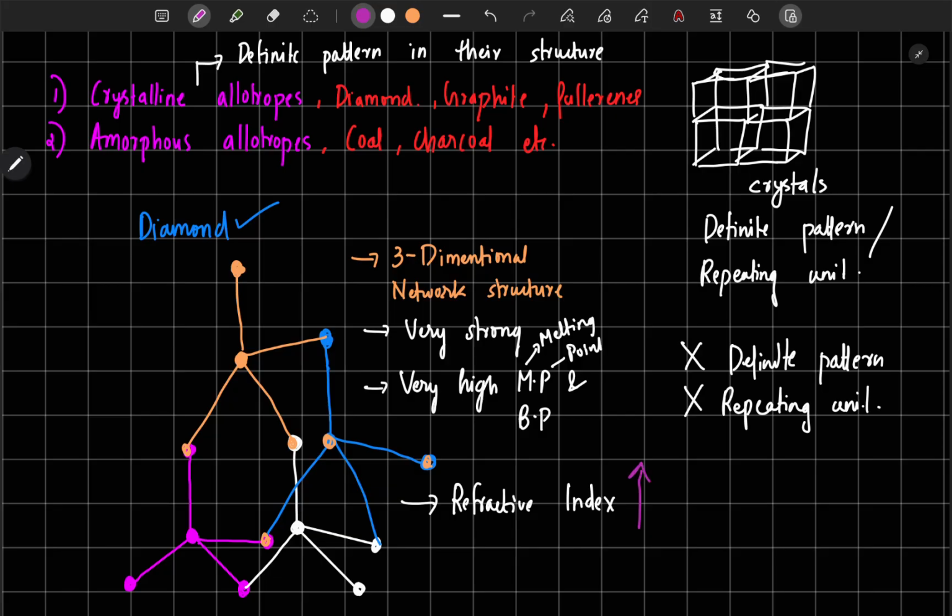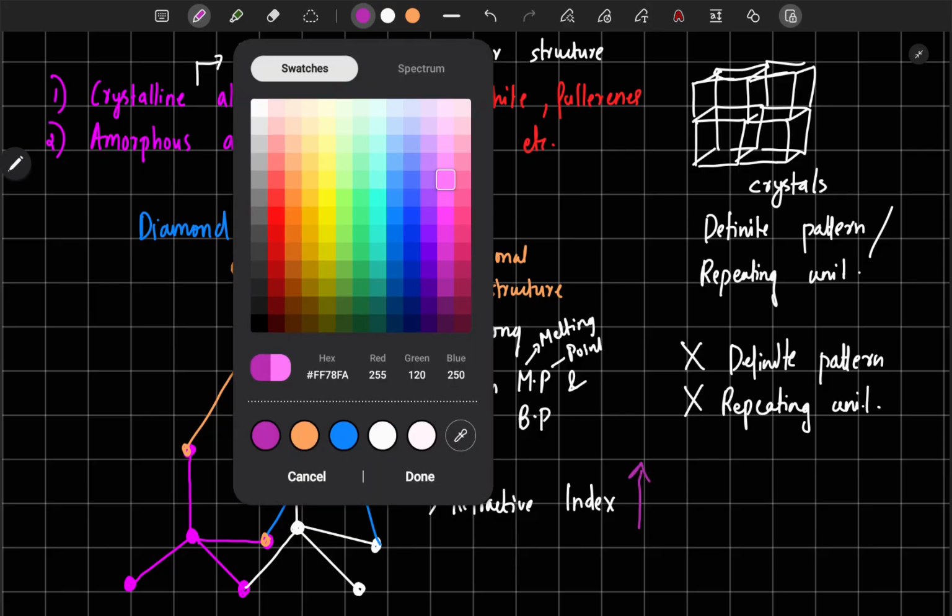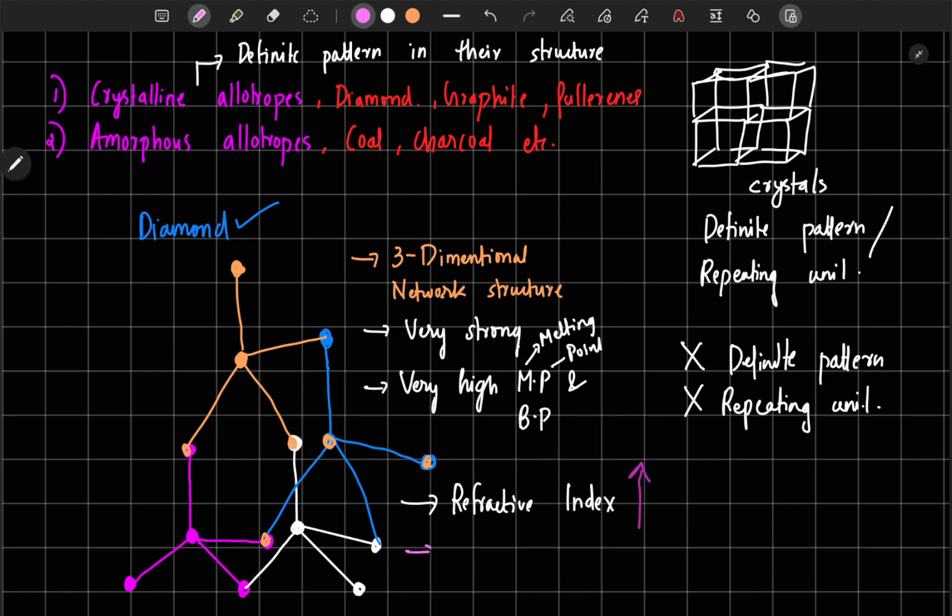That is why whenever light enters a diamond crystal, it will undergo total internal reflection inside that diamond. Total internal reflection means if the medium has a very high refractive index, the incident ray and the refracted ray both will be in the same medium.